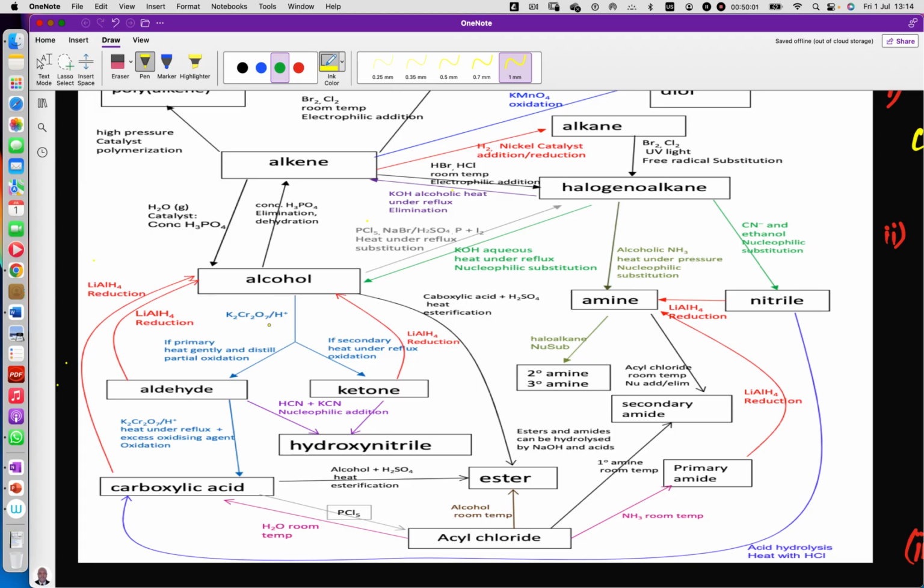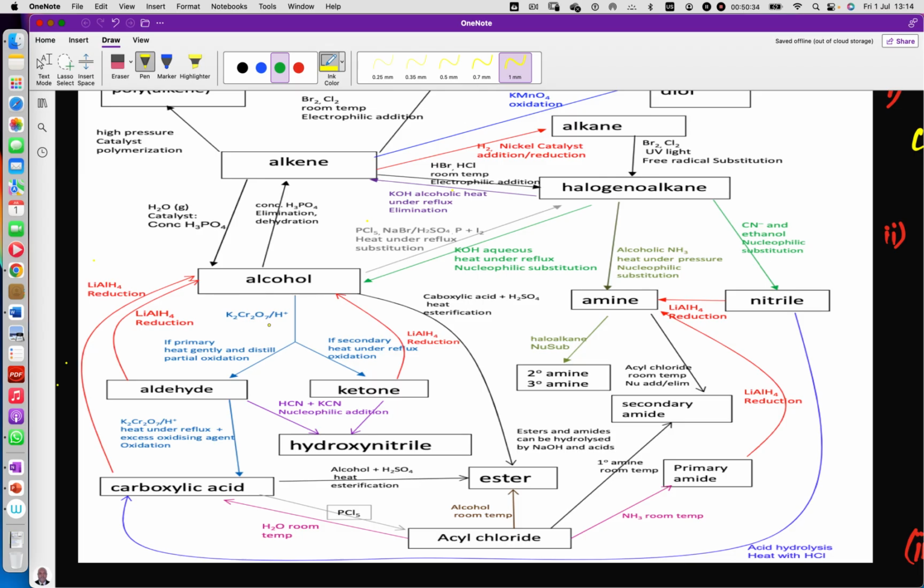And when they undergo oxidation, alcohols are oxidized to, it depends on the type of alcohol.